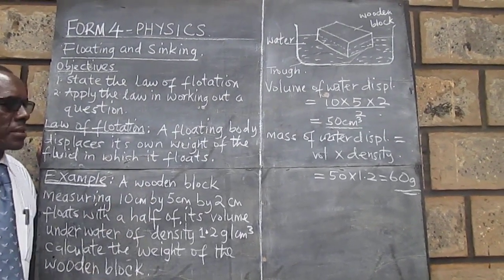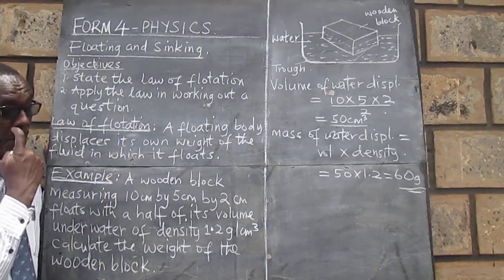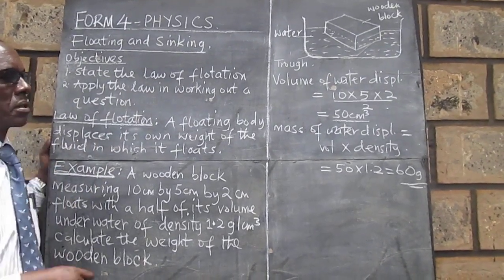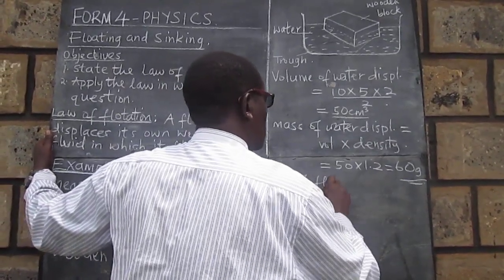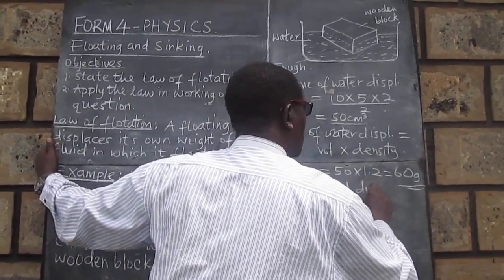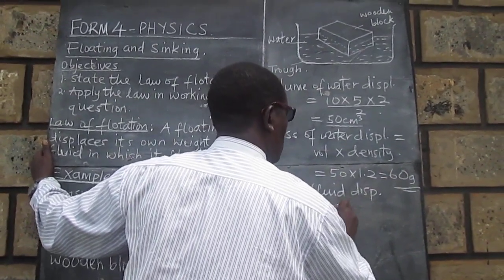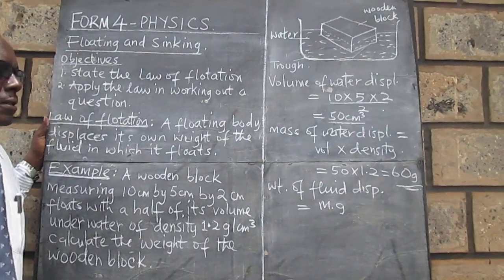We've gotten the mass, but so that we are in line with the law completely, we will need to convert this now to weight. And therefore weight, we remember that weight is mass times pull of gravity.